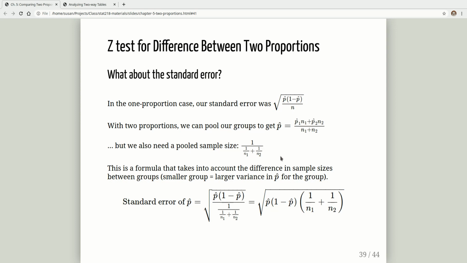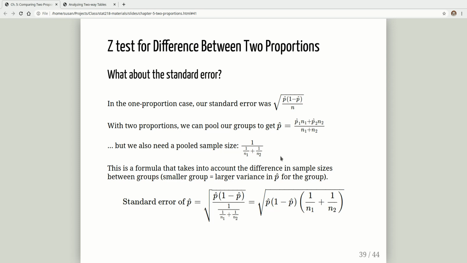This accounts for the fact that if you have 2 people in group 1 and 50 people in group 2, you've still got a lot of variability because of that really small sample size in group 1. If you have equal numbers of people in group 1 and group 2, then you've got a much more similar standard error of each of the 2 group proportions.